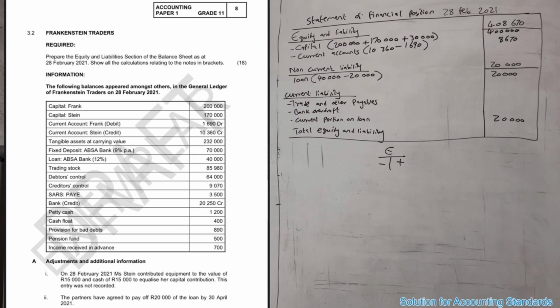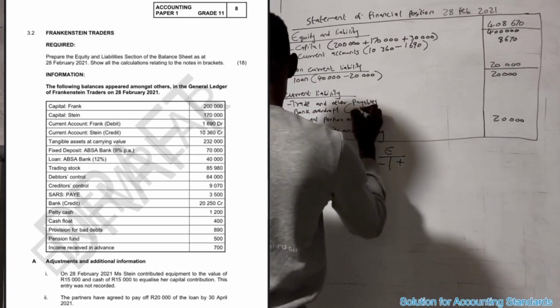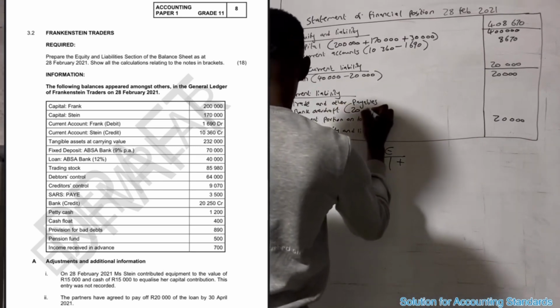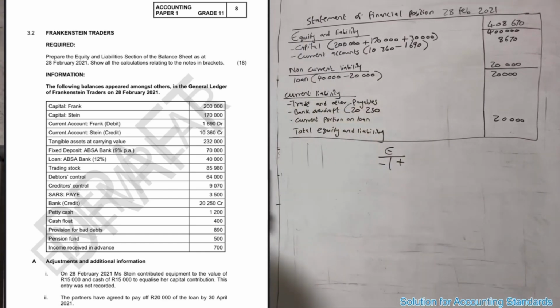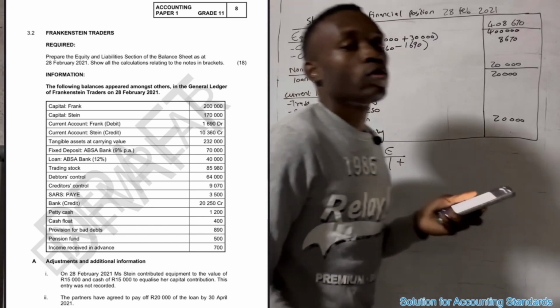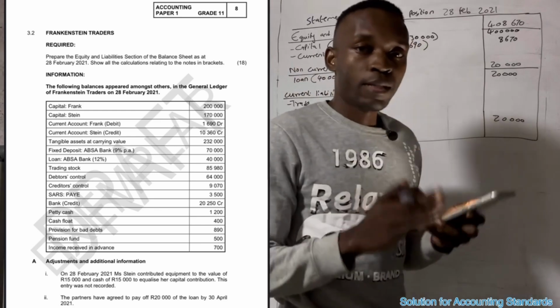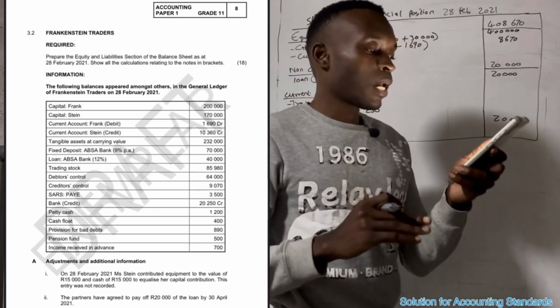Okay. Now let's record that amount as bank overdraft. We're going to say 20,250. However, guys, you must remember that Mrs. Stein put 15,000 into the business bank account, not 30,000, but 15,000 on number one as cash.